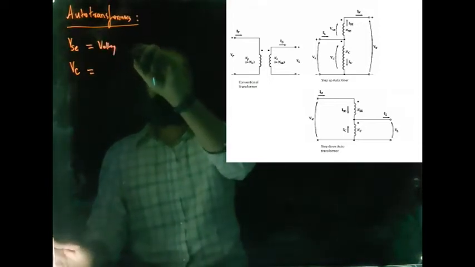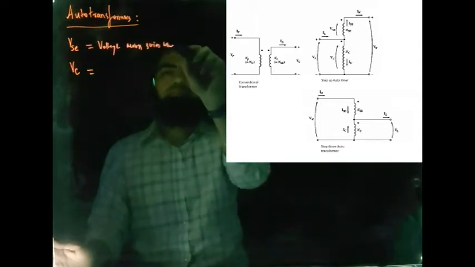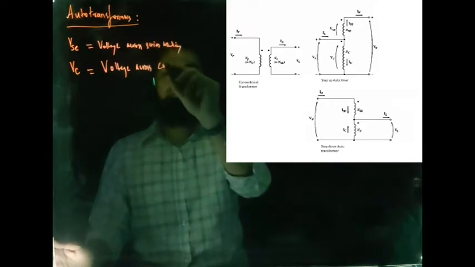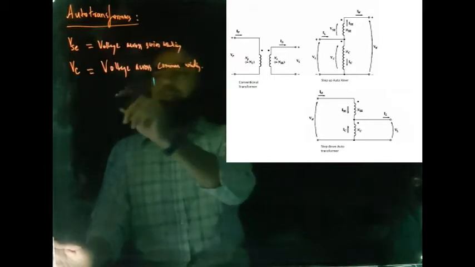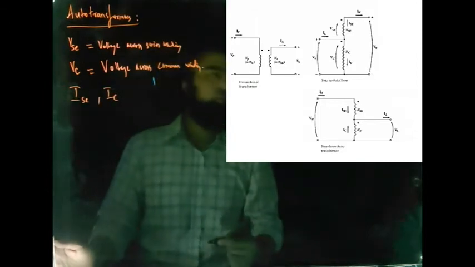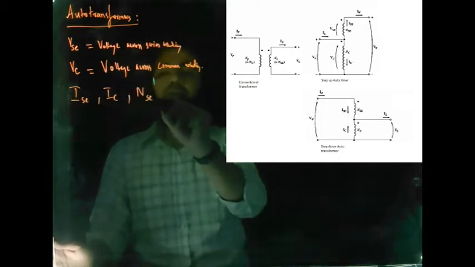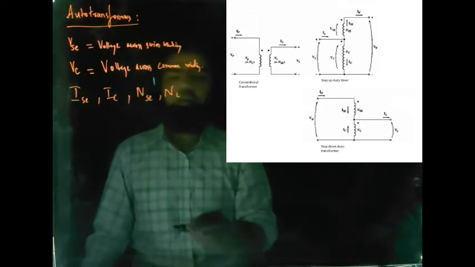So you have VSC and VC, the voltage across the series winding and the voltage across the common winding. And you also have the currents ISC and IC, the currents flowing through these windings. NSC and NC: NSC is the number of turns of the series winding, NC is the number of turns of the common winding.